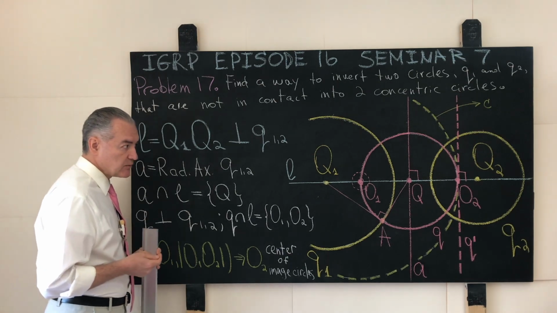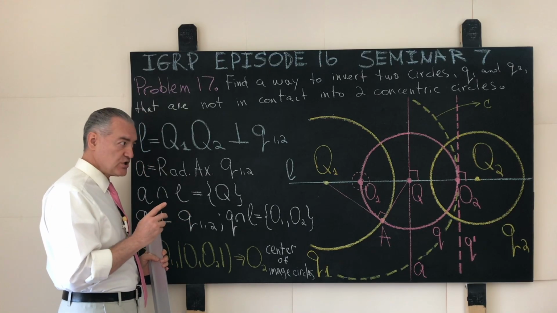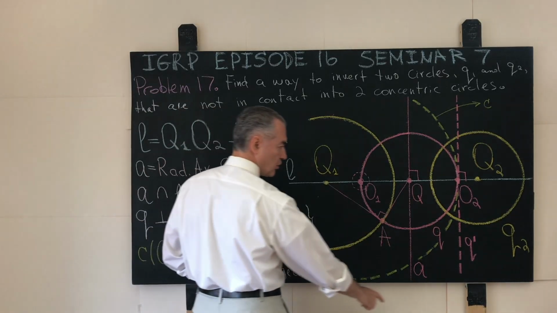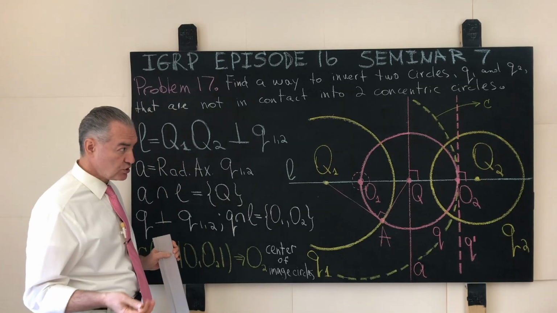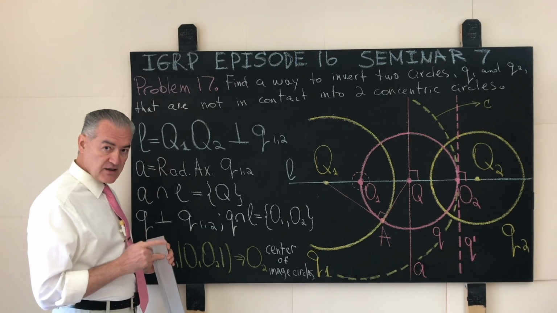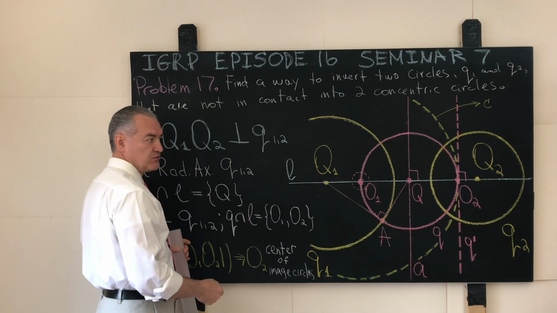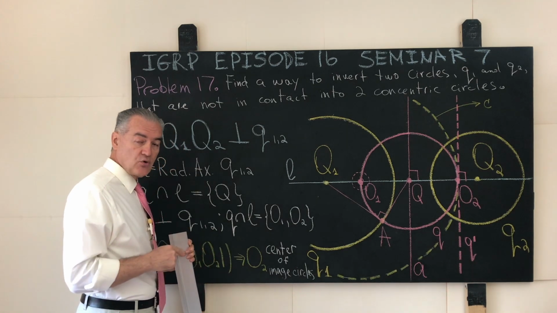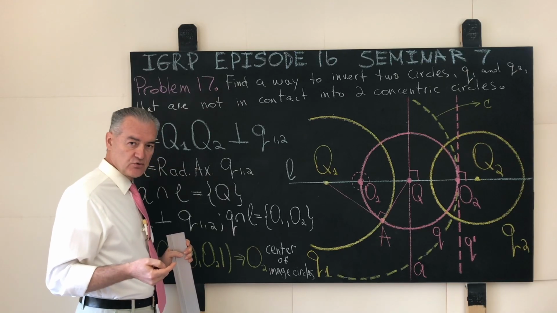Well, in a wishful thinking manner, it would be nice to somehow, again, manufacture a situation when the centers of the image circles of the circles q1 and q2 under an appropriate inversion of the parent plane with respect to a circle must also live on a straight line that is orthogonal to the straight line l, because then we will have the ability to use the so-called method of intersecting loci, and that is the first idea that you were expected to generate on your own.